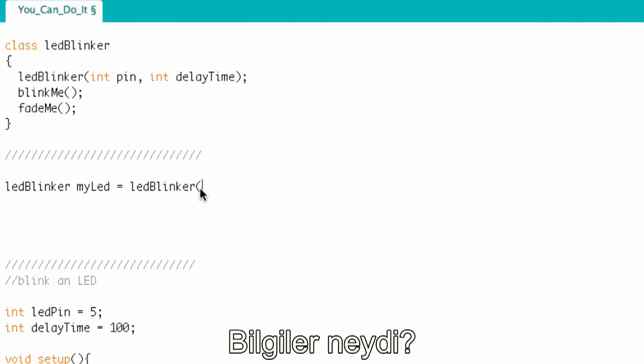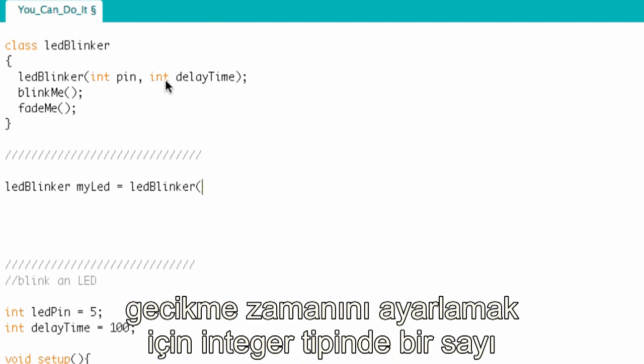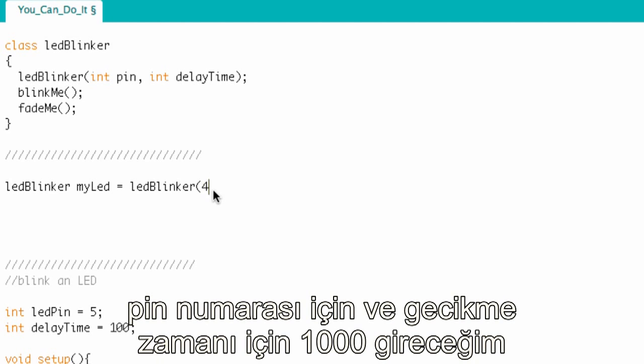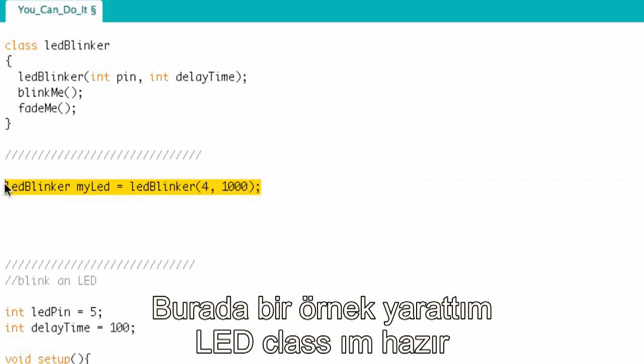Well, what was the information? It needs an integer that specifies the pin number, and an integer that specifies the delay time. So I'm going to pass it the integer 4, so that's pin 4, and a delay time, I'll say 1000, so 1000 milliseconds. Okay? So right here, I have created an instance of the LED class.